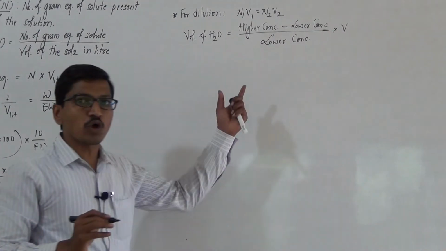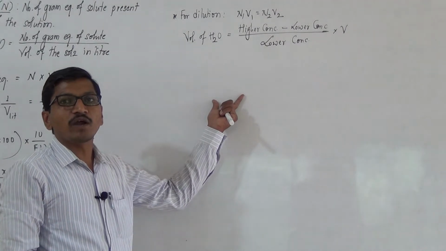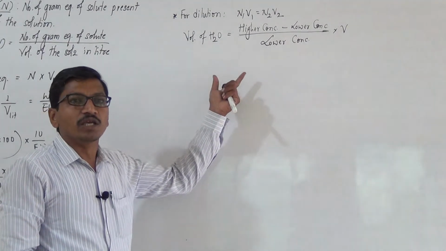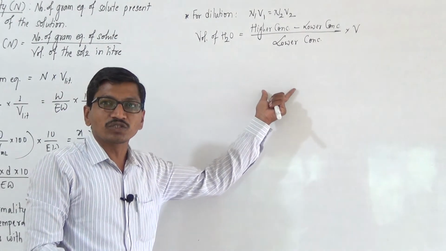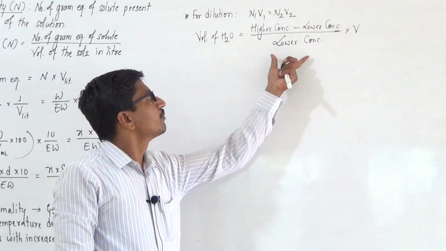By using this formula, the amount of water required for diluting the given volume of solution with concentration N1 to N2 is calculated.